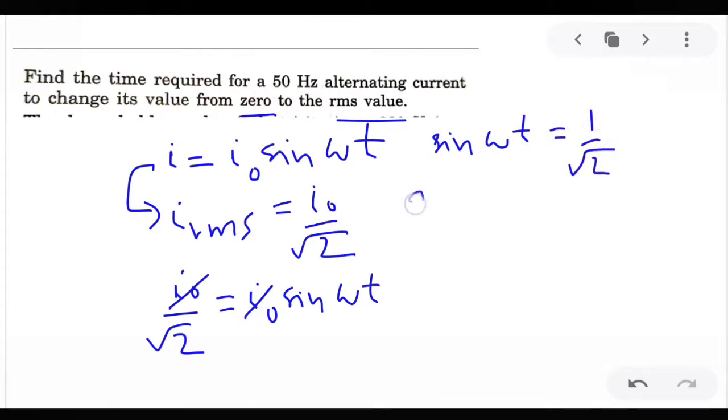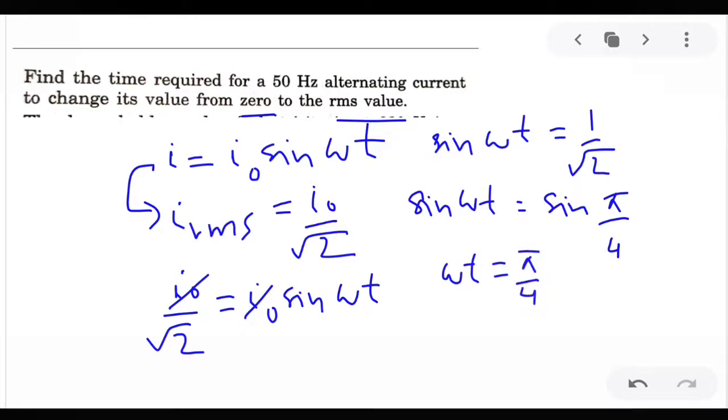So I can write sine omega t is equal to sine pi by 4. Or omega t is equal to pi by 4. Or that gives t is equal to pi by 4 omega. Now in the question it is given that the frequency is 50 Hertz.